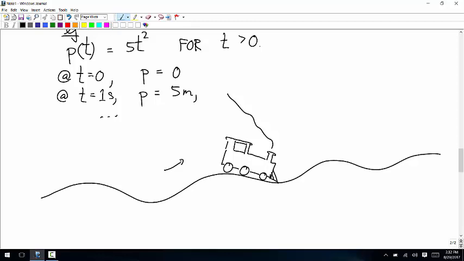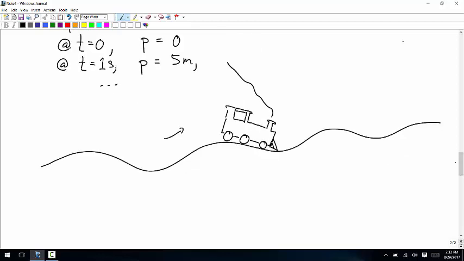So how do we assign a number to the location? We want to have a single number that defines the location of that train. In order to do that, you first have to arbitrarily pick two things.